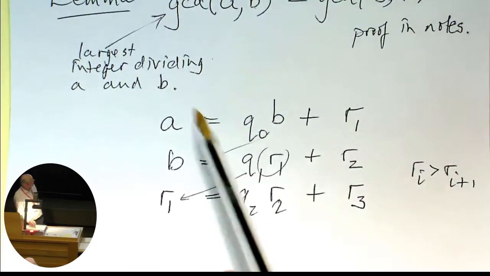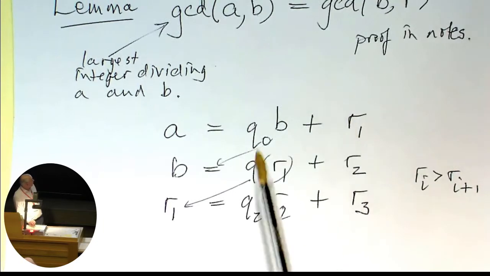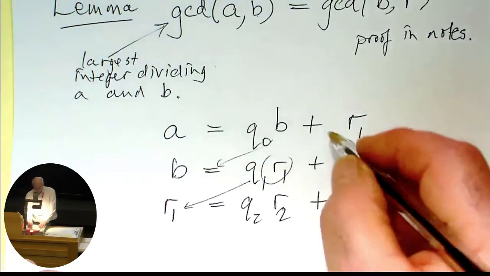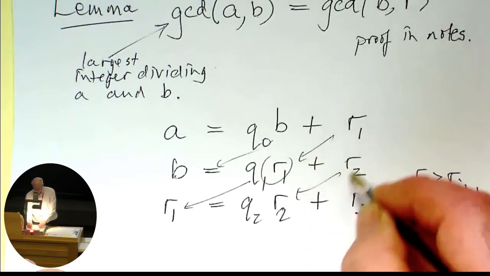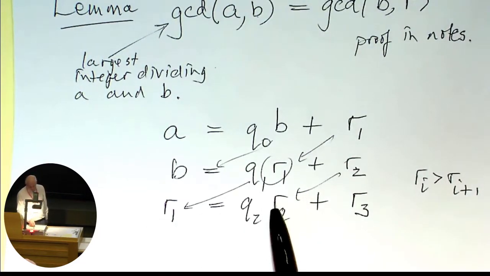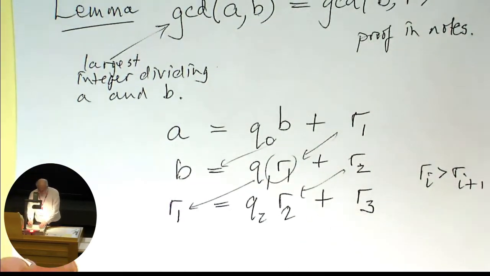Say that again. I divide a by b. I get remainder r1. I then divide b by r1. I get a remainder r2. I divide r1 by r2, and I get a remainder r3, and eventually the remainder will become 0.